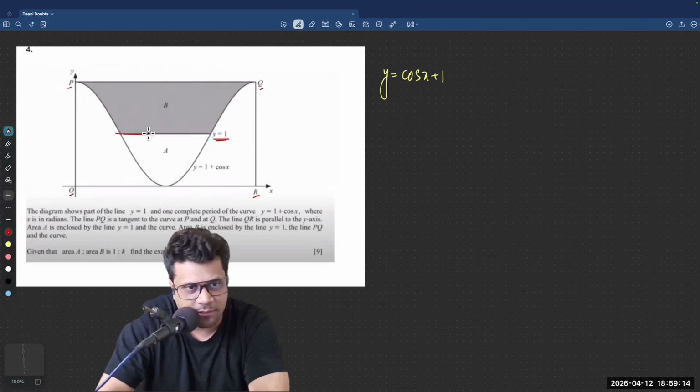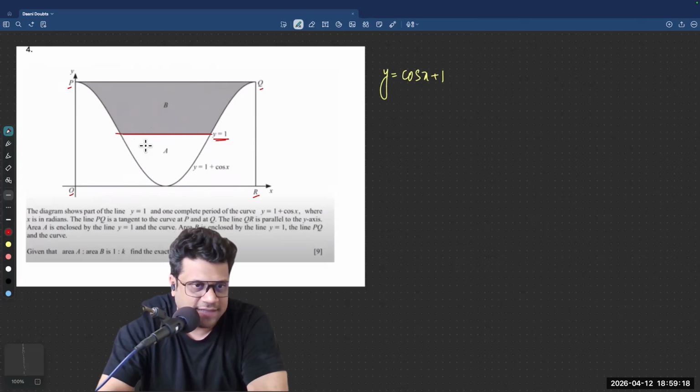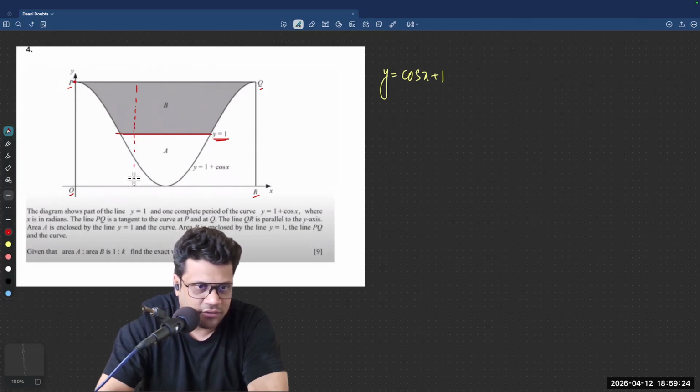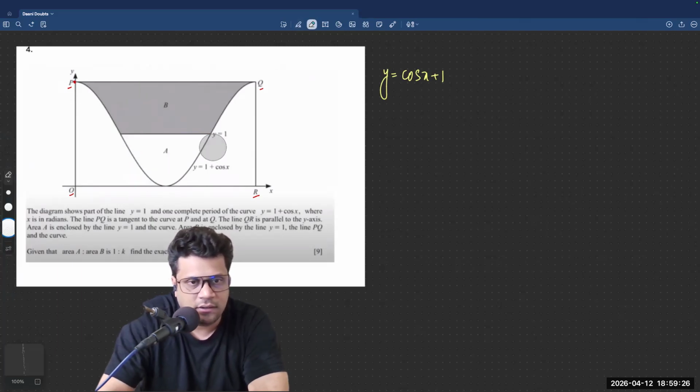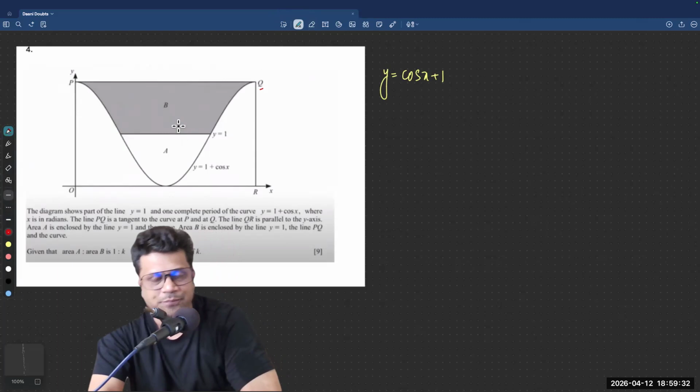This line happens to be the principal axis of it, and it oscillates about that line. It goes up 1 unit and comes down 1 unit. That is what we will understand from the fact that y equal to 1 happens to be the principal axis for it.